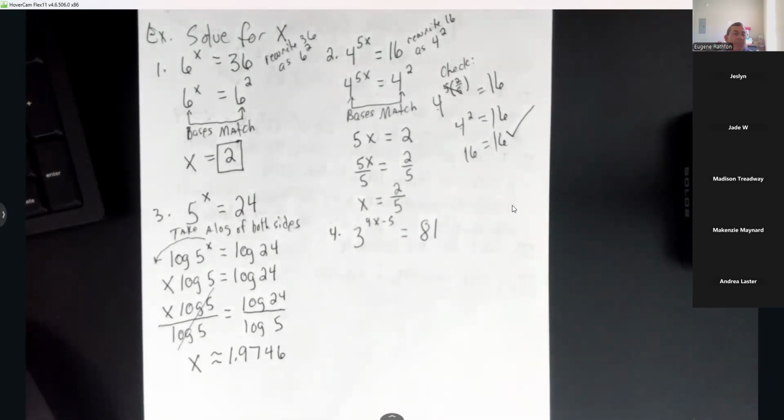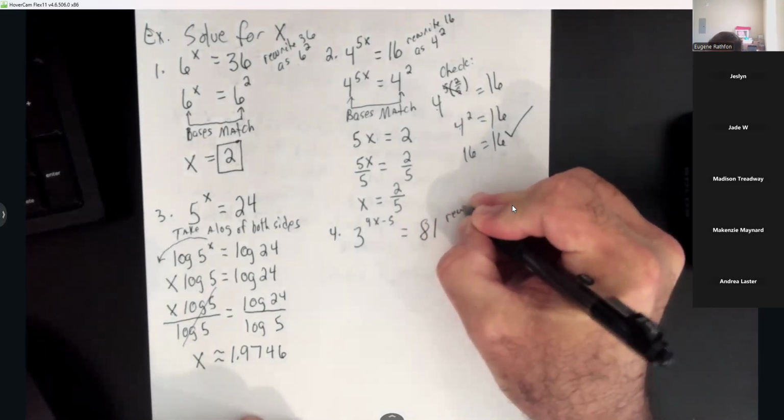So 3 times 3 is 9, that's 2 of them. 9 times 3 is 27, that'll be 3 of them. And then 27 times 3, and now you got it, yes, it's 4, because 27 times 3 is 81. So that was multiplying 3 times itself 4 times.